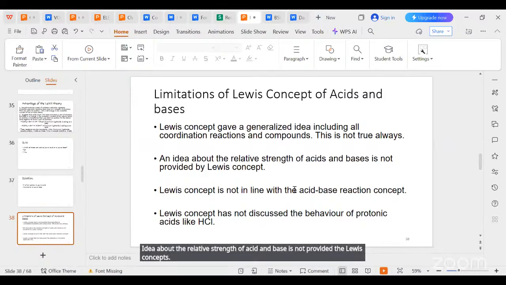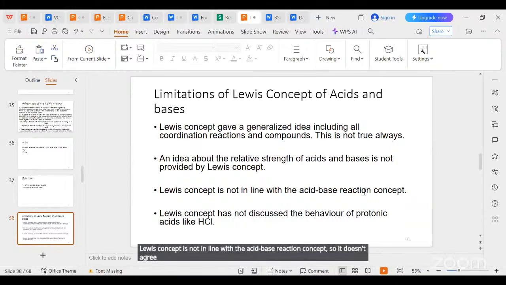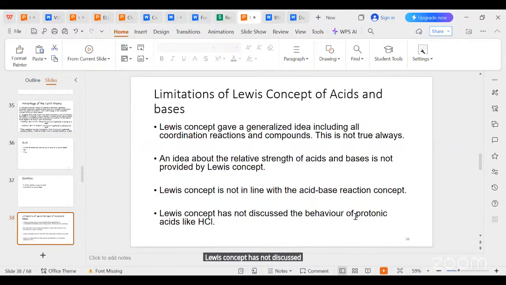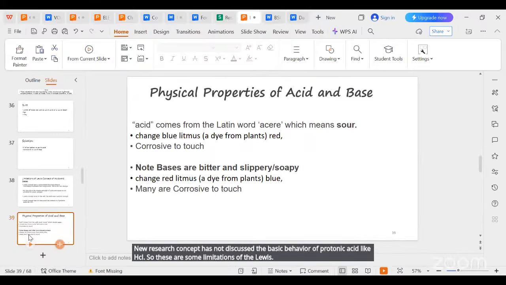The Lewis concept is not in line with the acid-base reaction concept. The Lewis concept has not discussed the basic behavior of protonic acids like HCl.